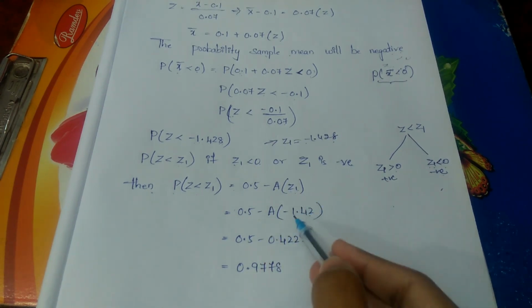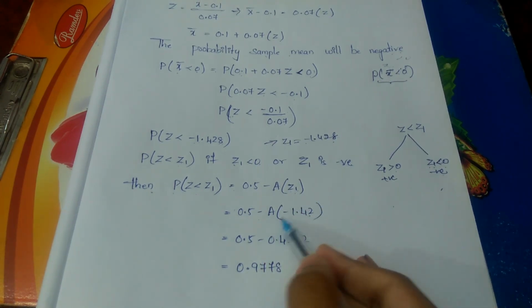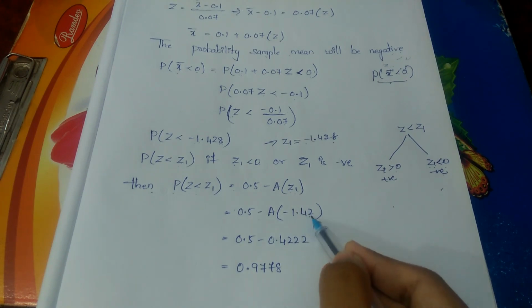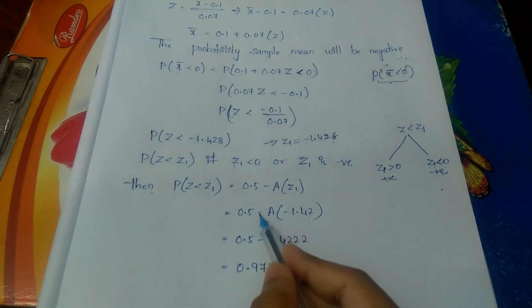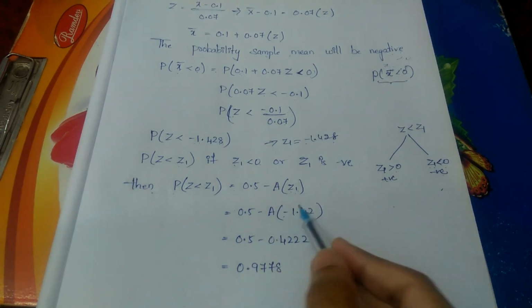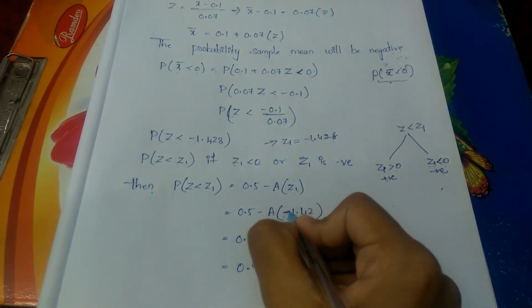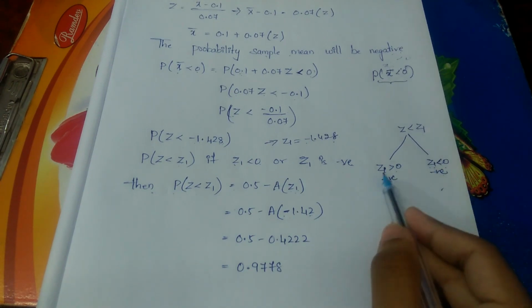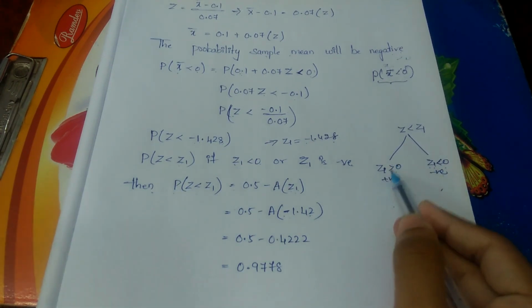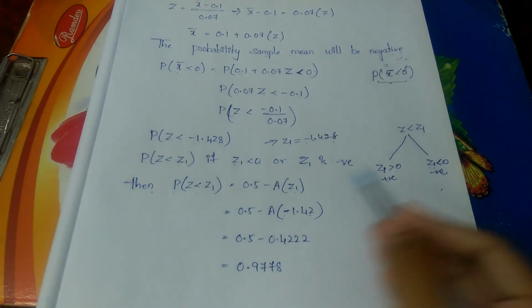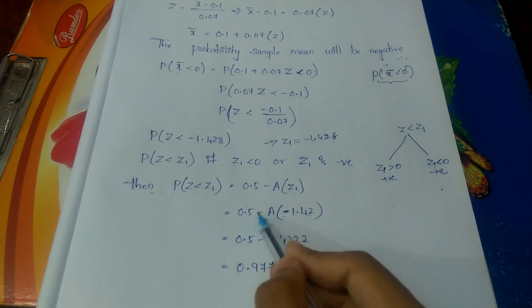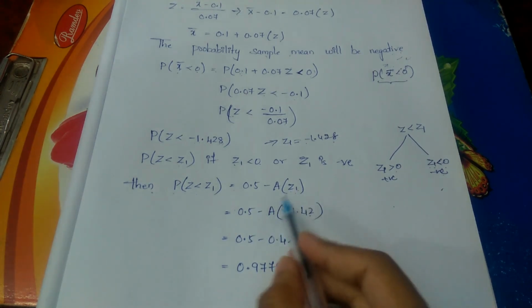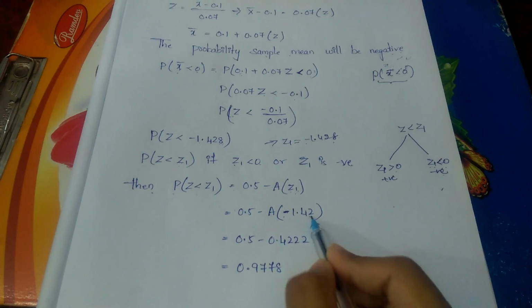So from the table you have to find the area when the z score is 1.42. You should not multiply with this minus, because we took this minus only to check whether the z1 value is less than 0 or greater than 0. Now you have to find out the area for 1.42.